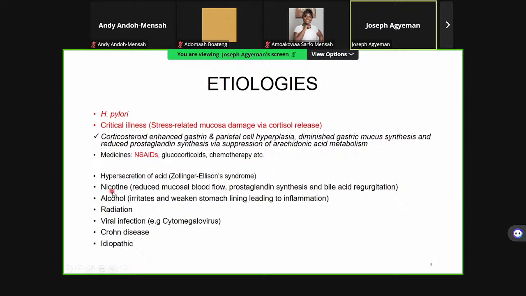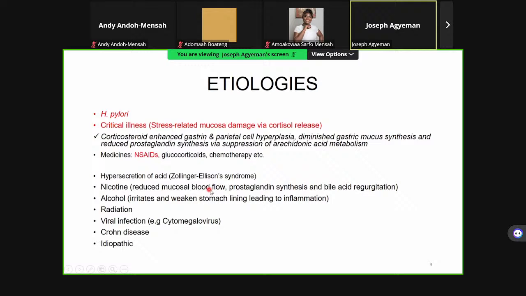Nicotine, if you smoke cigarettes, I'm not talking about marijuana and other things. Nicotine is found in cigarettes. What nicotine will do is minimize mucosal blood flow. Remember, we said we need mucosal blood flow to what?